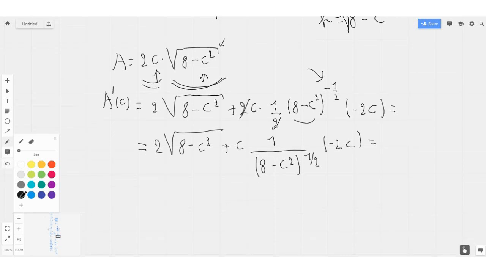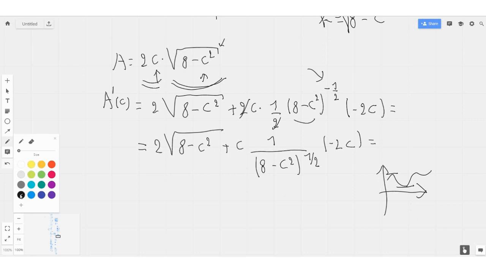So this is the derivative. What we want to do now is set the derivative to 0. Why is that? If you have a function and you want to find maxima or minima, you have to set the derivative to 0.